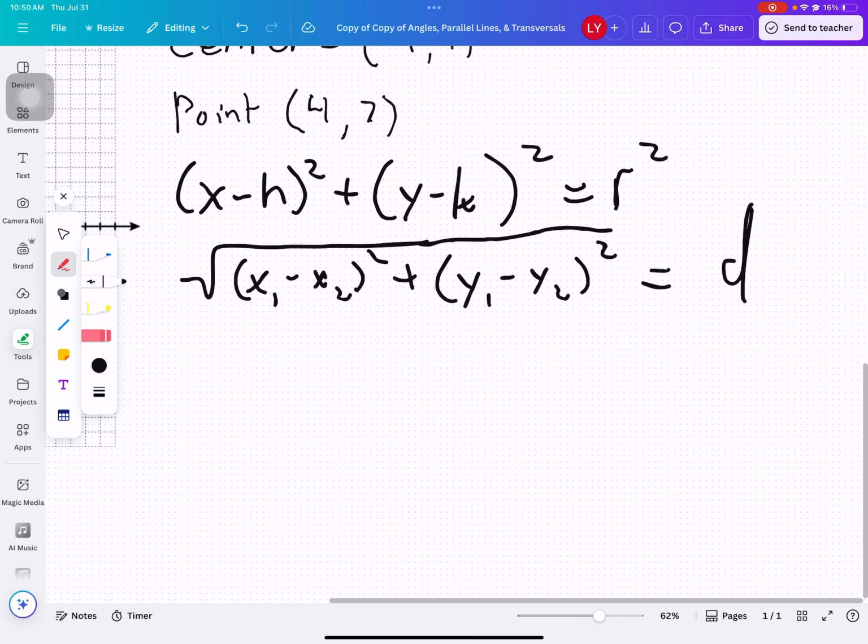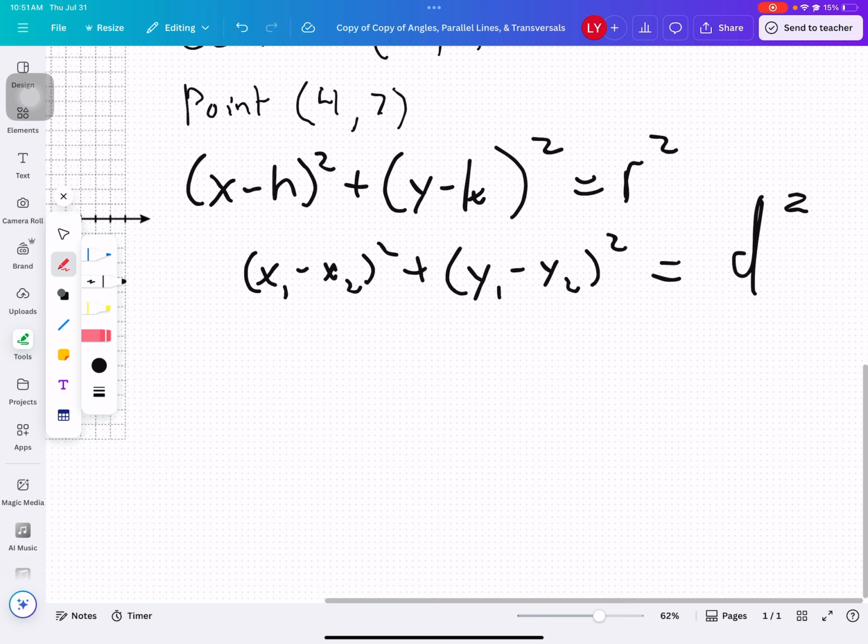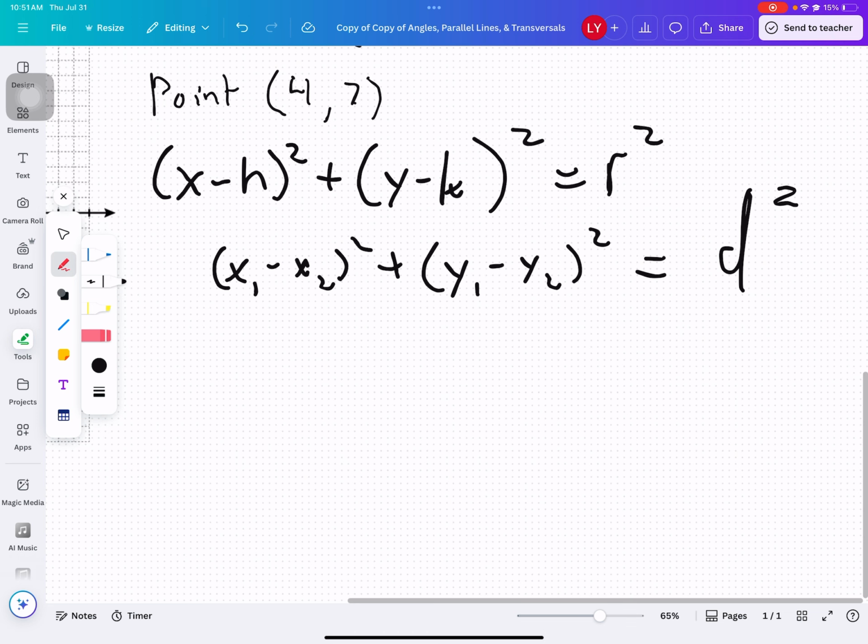In truth, these two are the exact same, except the only thing that is different is that we don't have the square root, and instead all we have to do is square d. Now, the distance formula is basically the Pythagorean theorem.